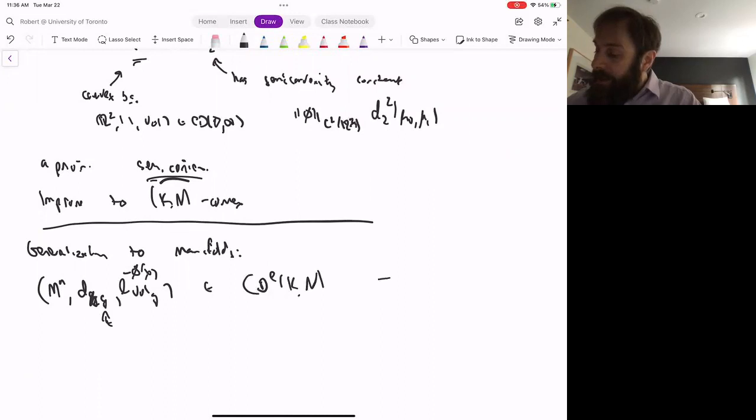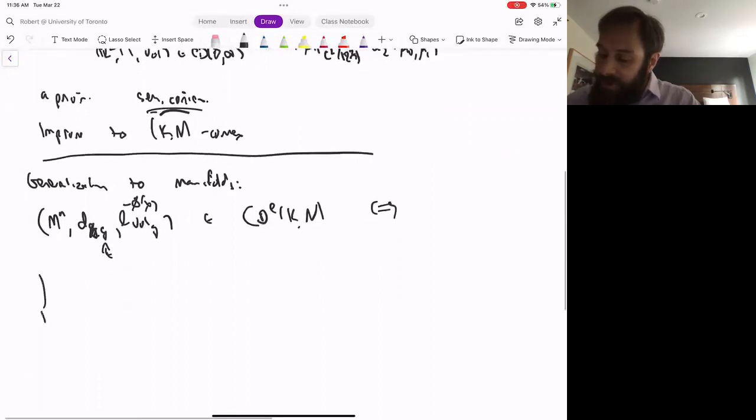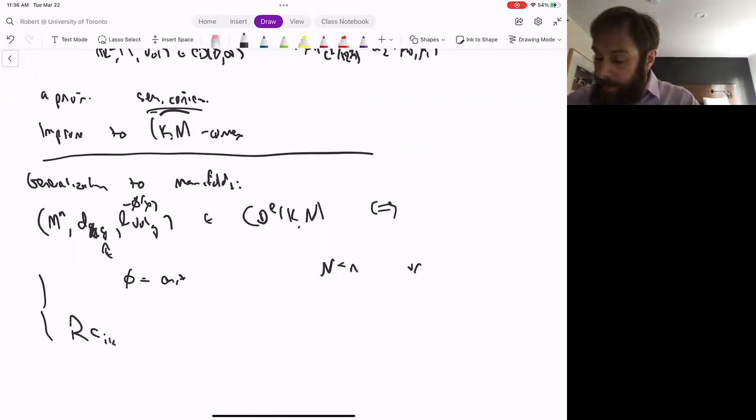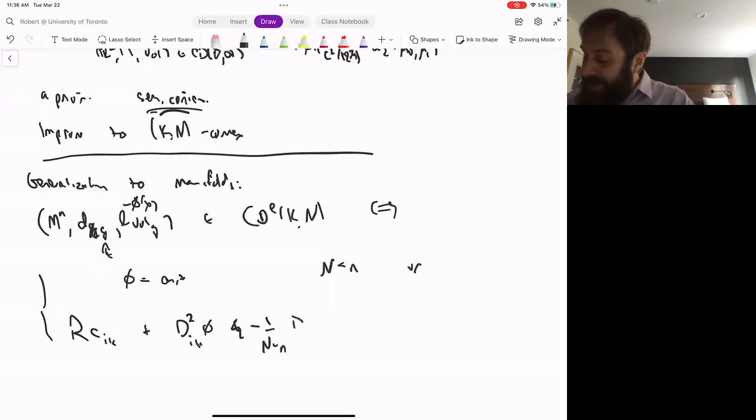So this will be in CD(K,N) if and only if, and again it's two conditions, either phi equals constant and N equals n, or now it's the Ricci curvature tensor plus the Hessian of phi minus 1 over N minus n gradient phi tensor gradient phi, minus K times the Riemannian metric is non-negative.